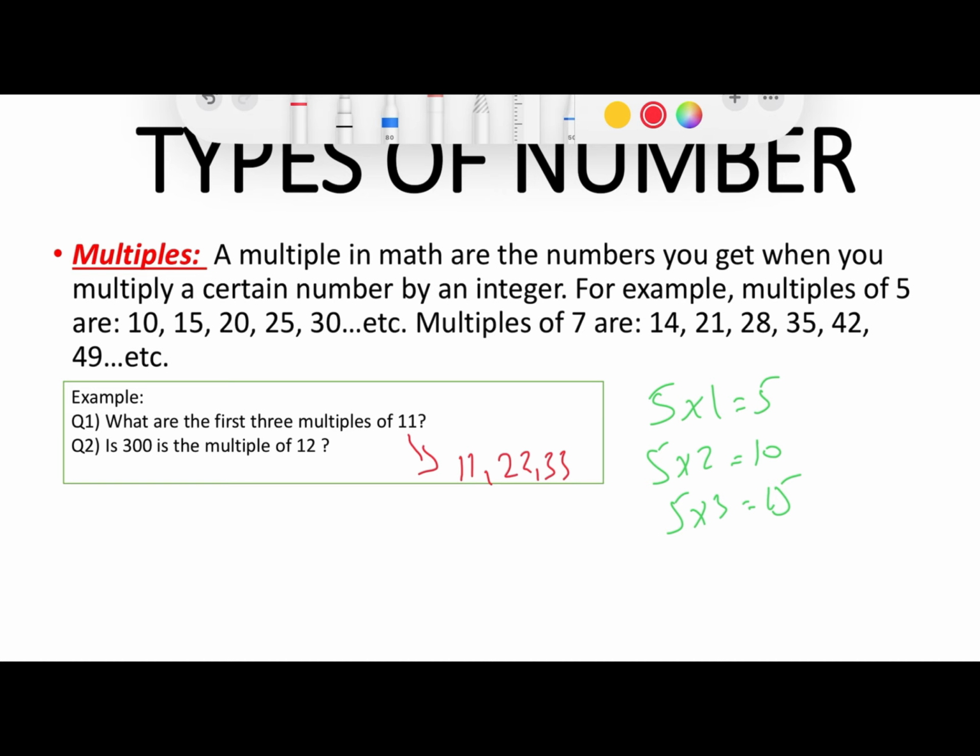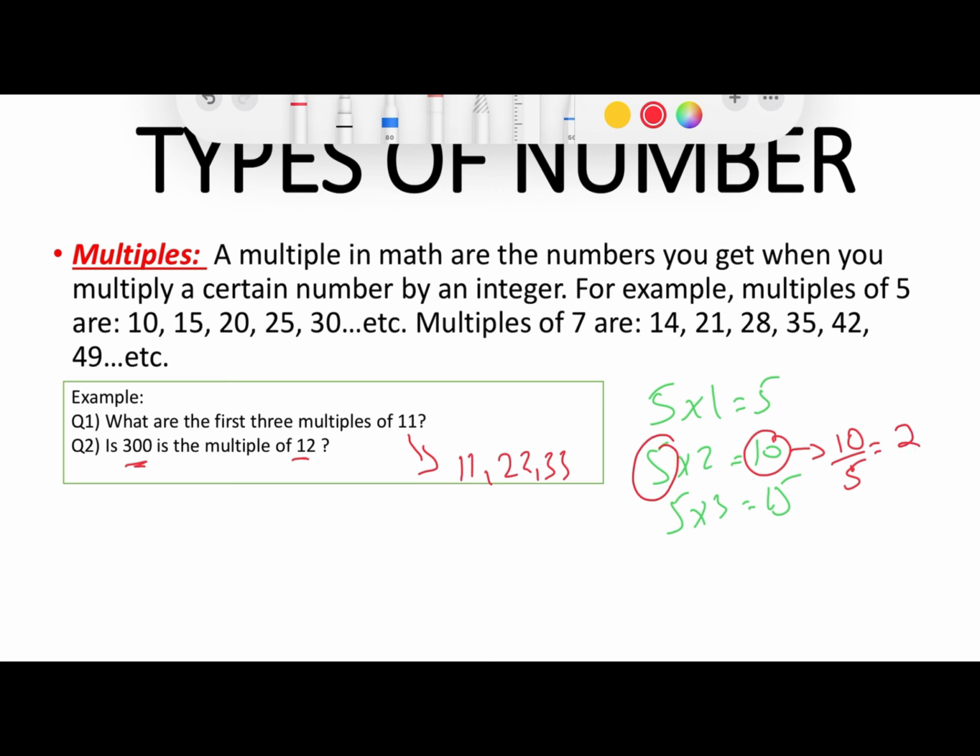Now the next question: is 300 a multiple of 12? We need to check. So we need to divide, because what does multiple mean? If I divide that number by its factor, it will be completely divisible. For example, if I take 10 and divide it by 5, because 10 is a multiple of 5, it gives us the answer 2.